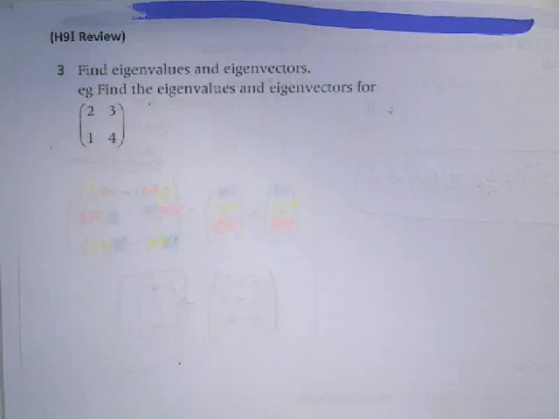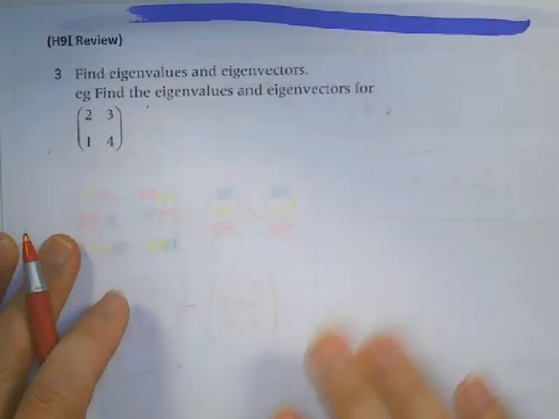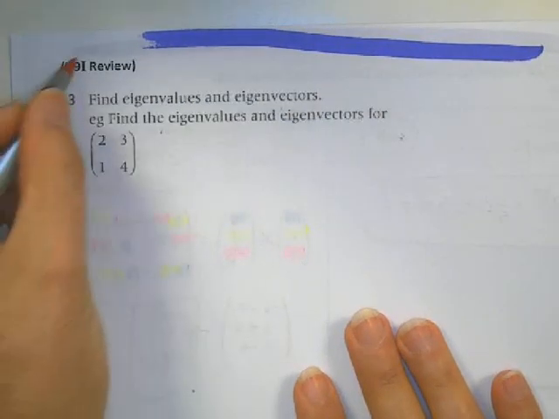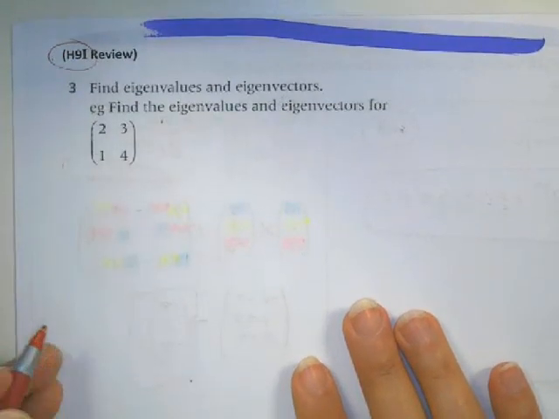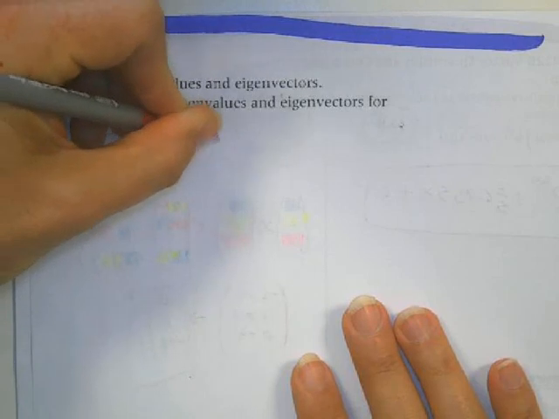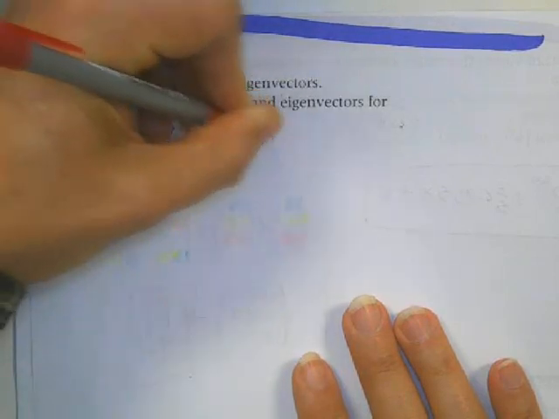Oh my gosh, eigenvalues and eigenvectors. Woohoo! Okay, so first of all, this is section H9I if you need to review that. We start off with A minus lambda I times vector x equals 0.